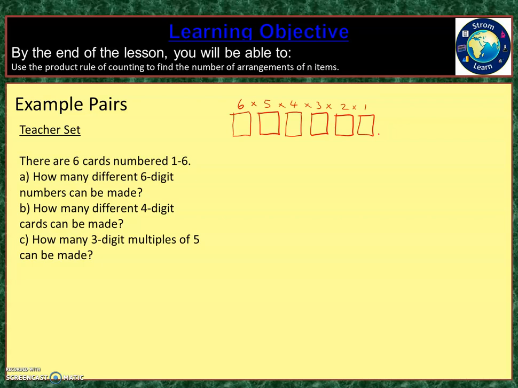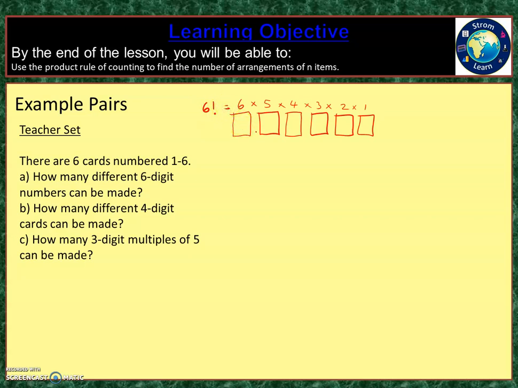Now, one thing that's quite useful to know about here is a shorthand method of doing this, because as part of this topic, there's going to be many times where we're multiplying an integer by all of the smaller positive integers. And there's a symbol for this, which is called factorial, and we write it as 6 with an exclamation mark.